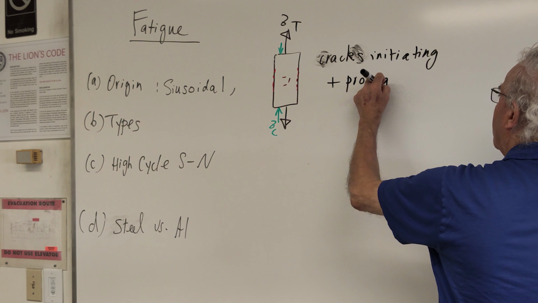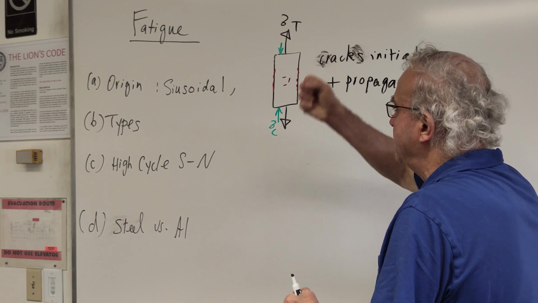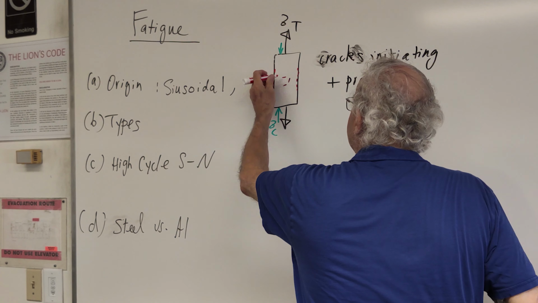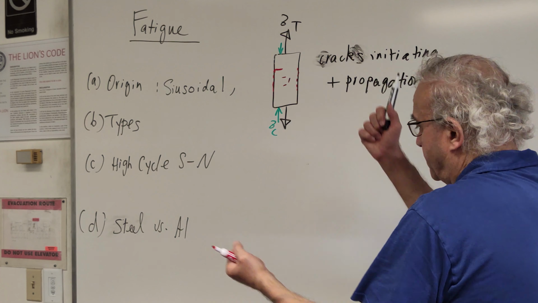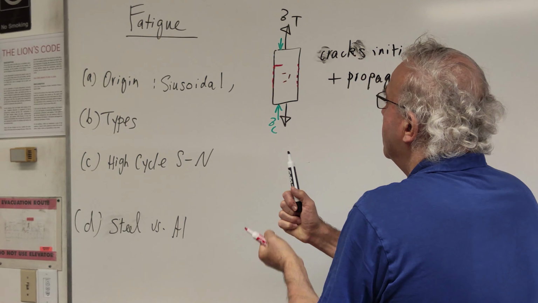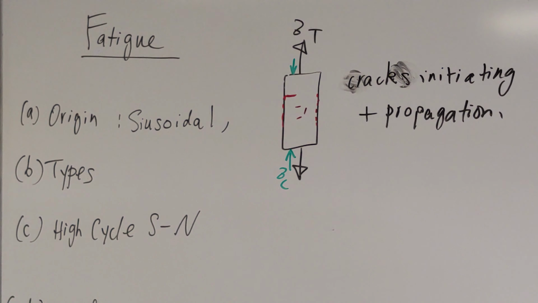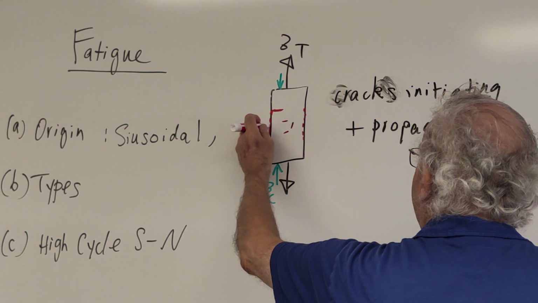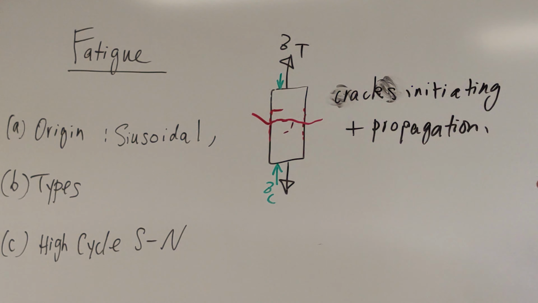So if I have a sample and I'm exposing it to tension, compression, the tension is going to make the crack bigger. The compression will make it smaller. But when you keep on doing this day after day, month after month, year after year, at the end, you're going to have a crack which will become big and it's going to break the material in two.